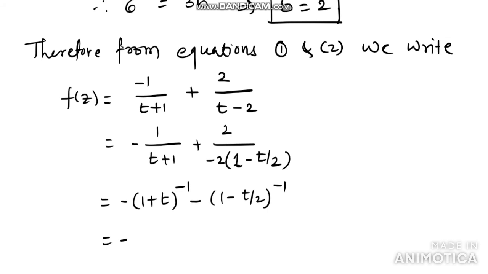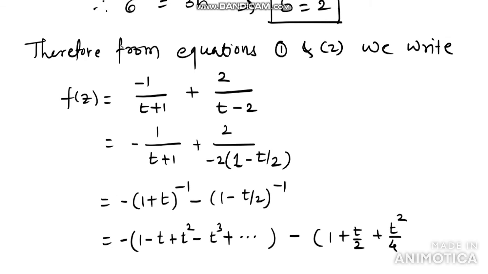So what is the value of this expression? 1 plus t raised to minus 1 is 1 minus t plus t square minus t cube plus and so on, because we have seen earlier the Maclaurin's series expansion of 1 plus z raised to minus 1 is 1 minus z plus z square minus z cube plus and so on. So now that will be minus 1 plus t by 2 plus t square by 4 plus t cube by 8 plus and so on.